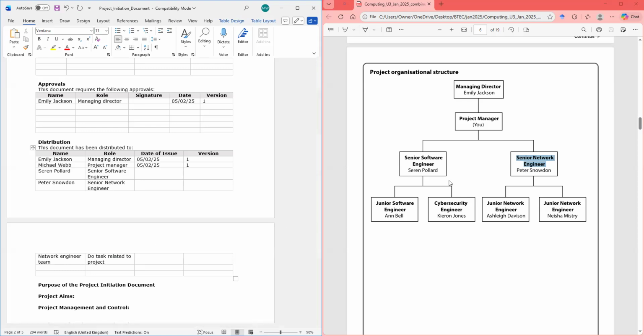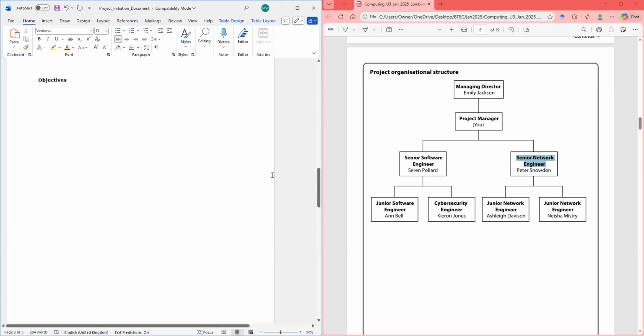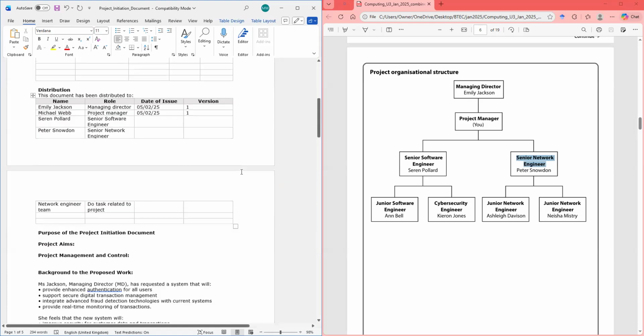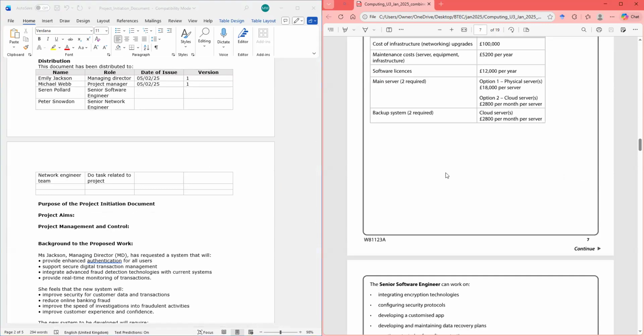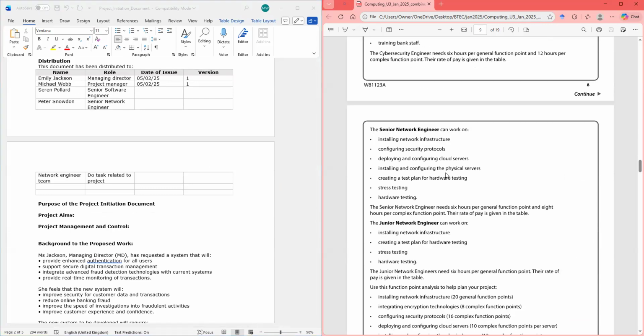Or what you could do for the network engineers is go to your set task brief and go over to what the junior network engineers do.